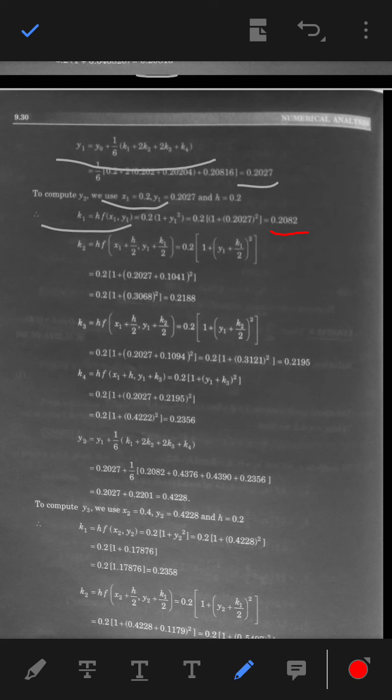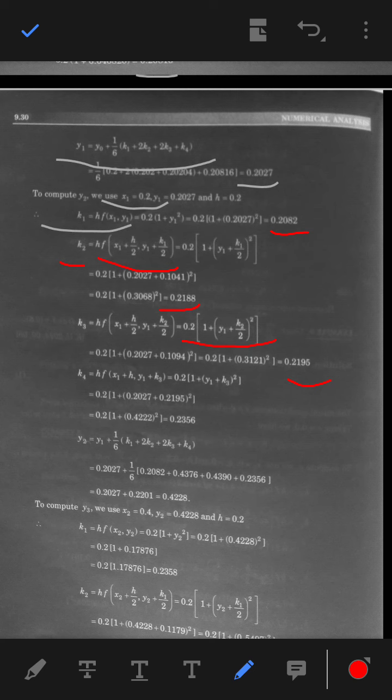and k4. So k2 will be equal to, in the same way, h into f of x1 plus h by 2, y1 plus k1 by 2. So this is the value of k2. Now the value of k3 is h into f of x1 plus h by 2, y1 plus k2 by 2. So this is the value 0.2195.